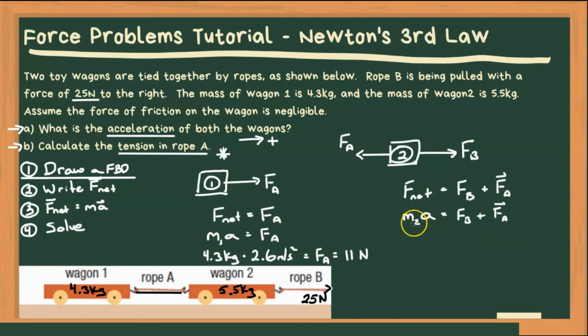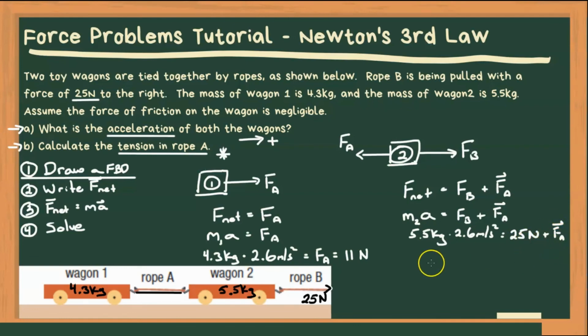Alright, so let's sub in what we have here. This is 5.5 kilograms times 2.6 meters per second squared, and that'll equal FB, which we know is 25 newtons, plus FA.